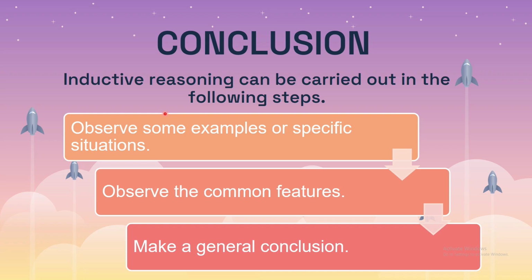You must observe the common feature first, and then the last one, we can make a general conclusion. The conclusion also must be true for it to be a strong inductive conclusion. Now we already made the conclusion.